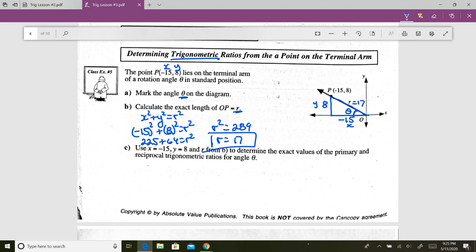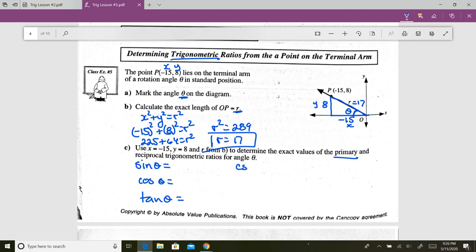All right. C. Using this information, determine the exact values of the primary, which are sine, cosine, and tan, and the reciprocal trig functions for angle theta. So basically what they're saying is, I want to put sine theta, cos theta and tan theta. And then they want the reciprocal of those.